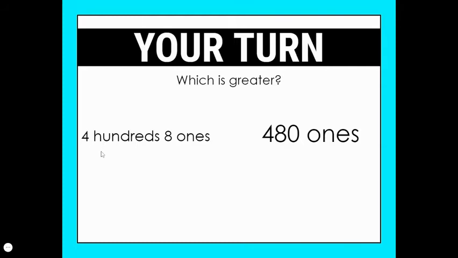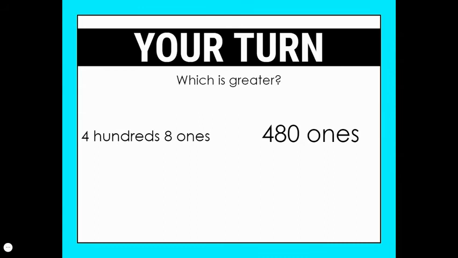So I would get 4 hundreds, and then I would get 8 ones. For this one, it's 480 ones. Wait a minute. I know 100 ones is equal to 100. So 480 ones.